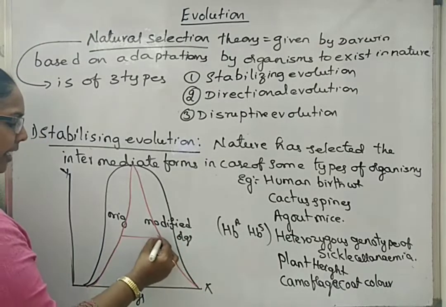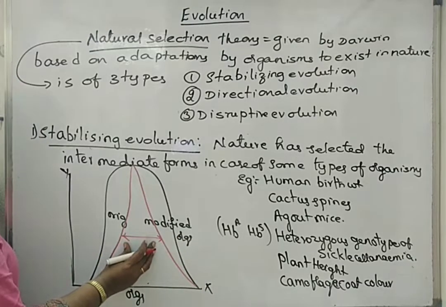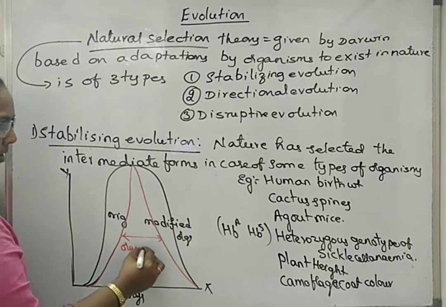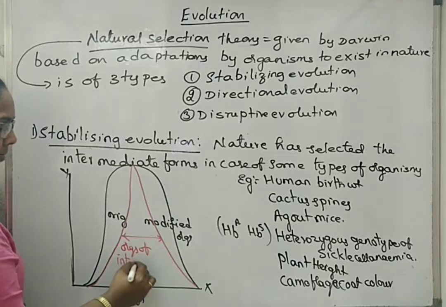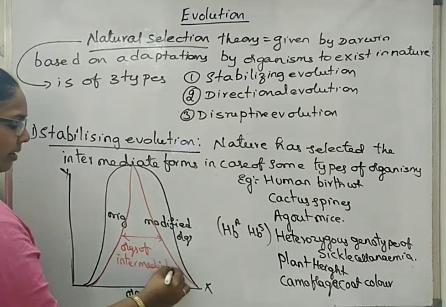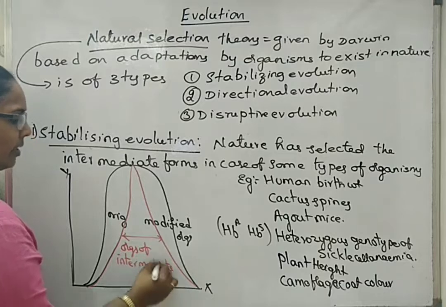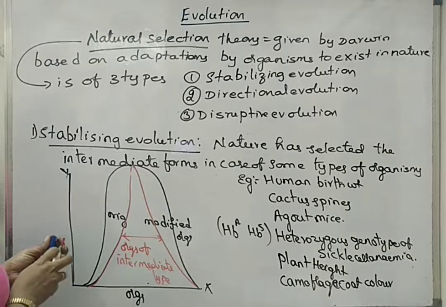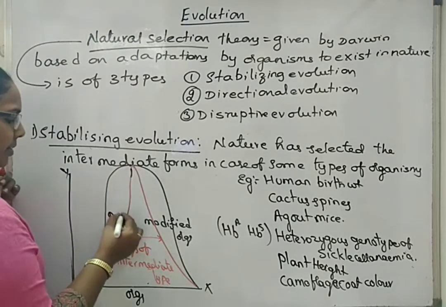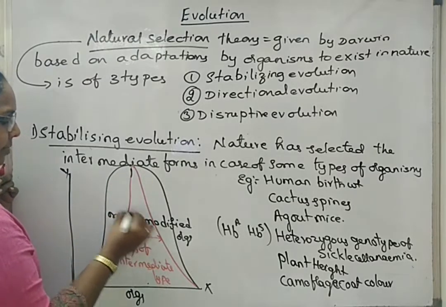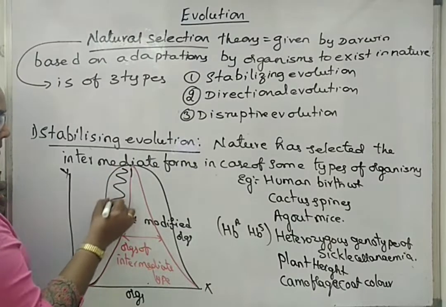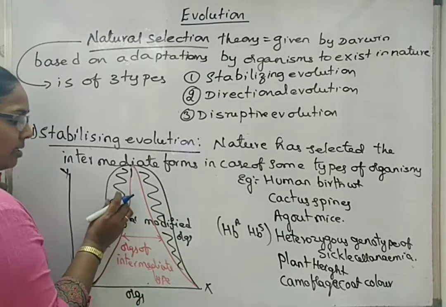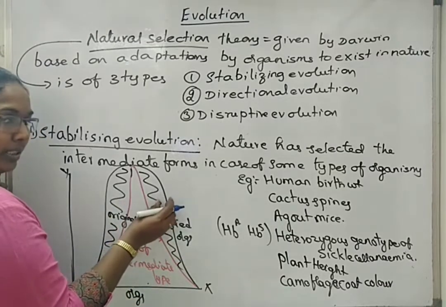This area which is marked in red is nothing but the organisms of intermediate type. Here the peak is very narrow. Up to here, this is the original one, and this is the modified organism, having only the newly changed character.